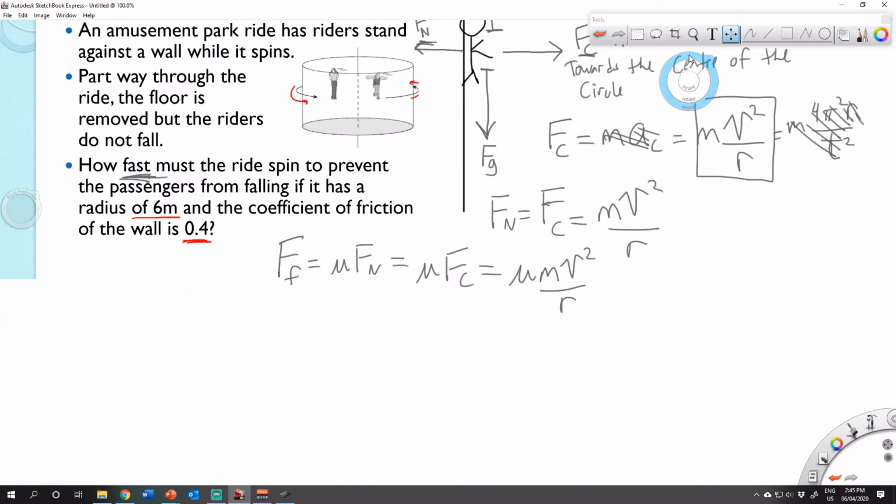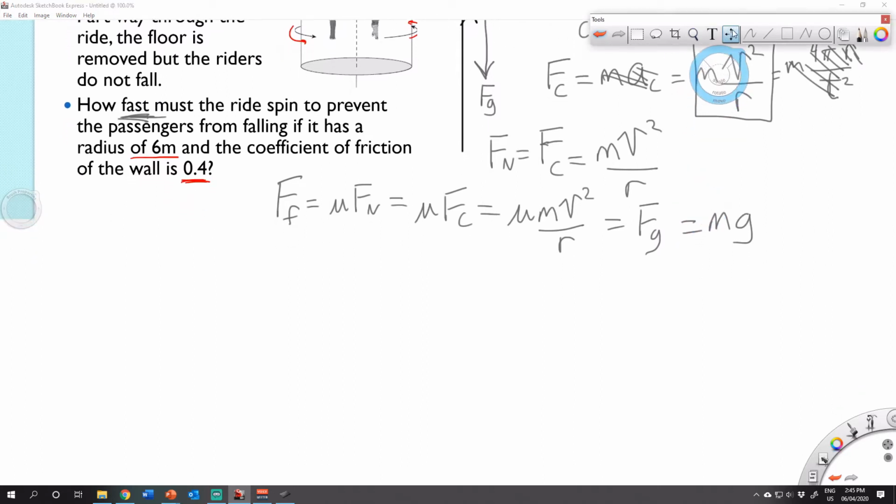And this all has to equal the force of gravity, which we know is just mass times g. Okay. It's probably not how your math teachers would like you to write this out, but it might make more sense progressing linearly this way.